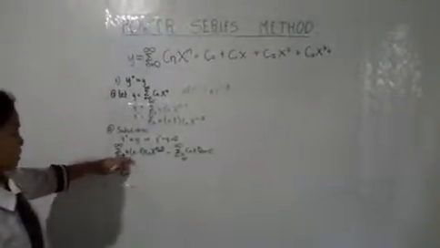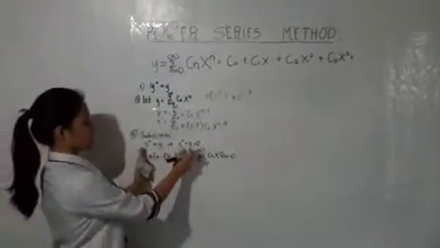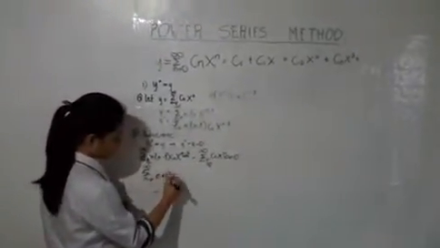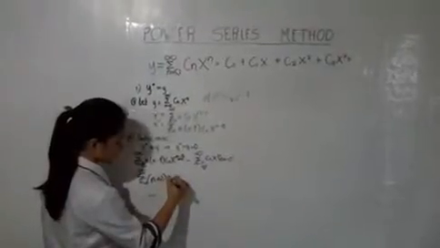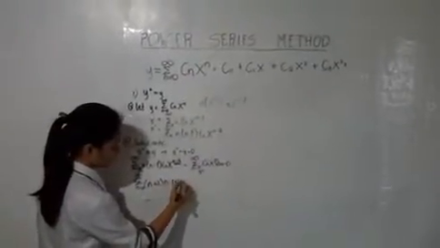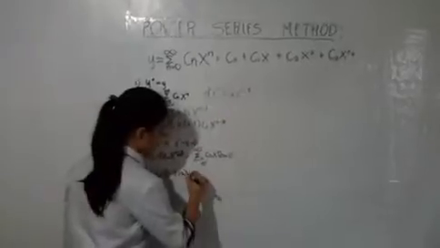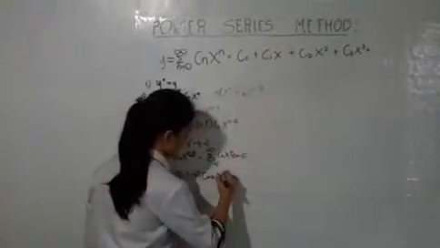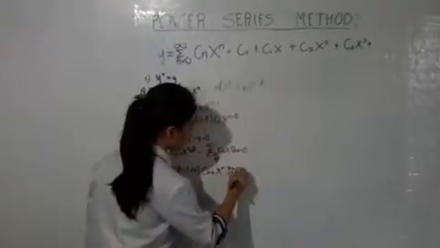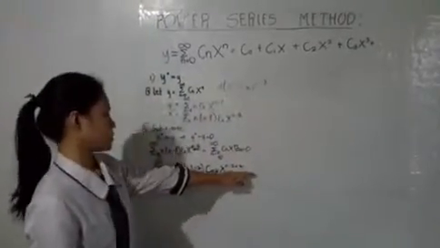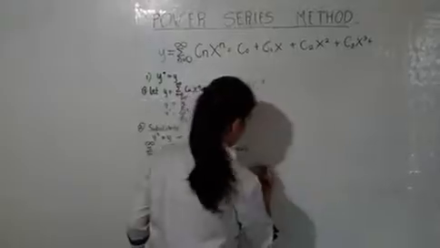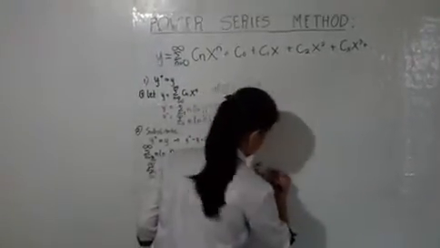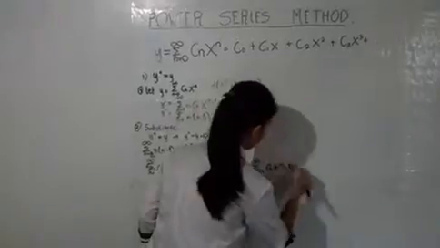The values that we subtracted here, we will add in the equation: n plus 2, (n minus 1 plus 2), c_(n plus 2), x^(n minus 2 plus 2), minus the summation of n equals 0 to infinity of c_n x^n is equal to 0.